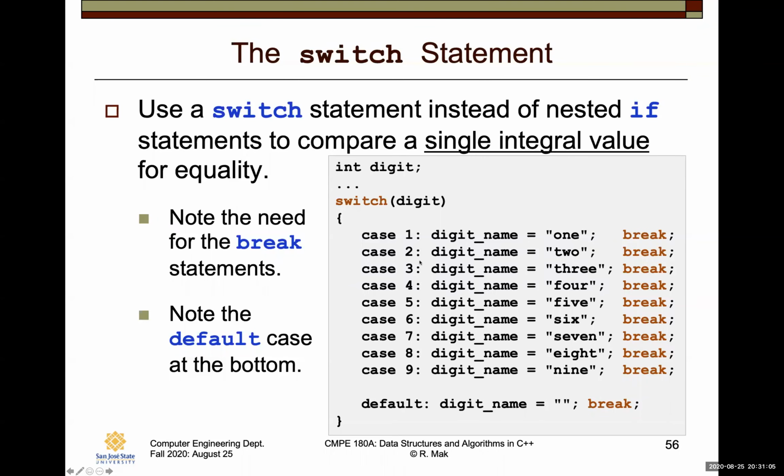If you leave off the break, let's say that you forget to say break here, and digit is equal to 1, after you've executed this statement, because you didn't have the break, it will go ahead and execute the next statement. And that's probably not what you want, because you end up with digit name being 2 because you forgot the break. So these are all these little things that you have to keep track of when you're writing a C++ program.